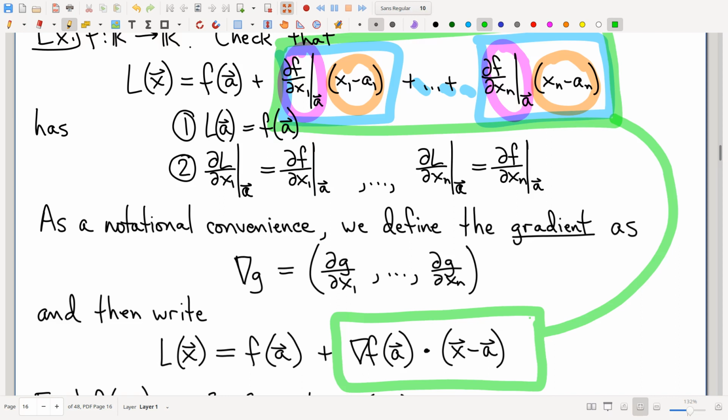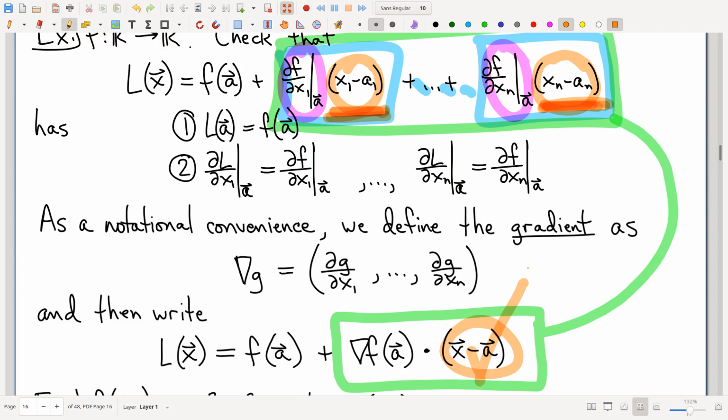It's straight up a dot product. In fact, you'll notice very quickly that all of these orange factors here are just the various coordinates of the geometrically natural vector x minus a. Those are literally its coordinates.